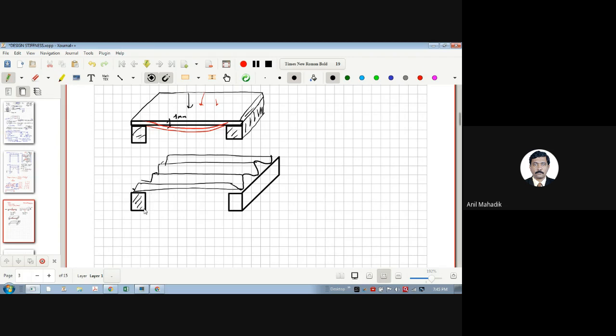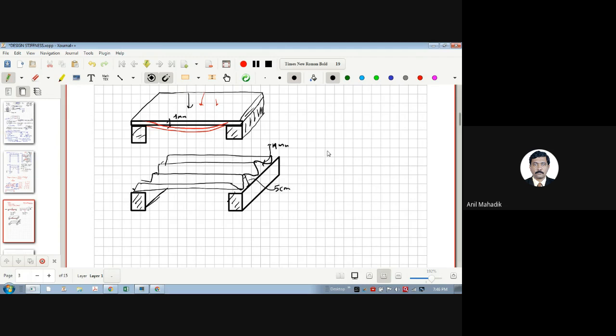And this is your support, then this is your support. Now what will happen? Will it bend like this? What do you think? I'm using the same thickness, 1 mm sheet only, but now I have created the corrugation like this. Let's say the depth of the corrugation is 5 centimeters.